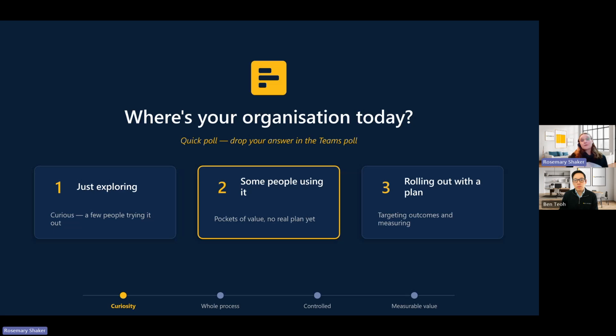Have you got a fair few people within the organisation using Copilot, so you've got pockets of value but you don't really have a full plan yet? Or are you rolling it out with a plan, so you've got targeted outcomes and you're measuring? If people could just answer that poll for us, that would be fantastic. Let's give that a moment so we can see those results as they come in.